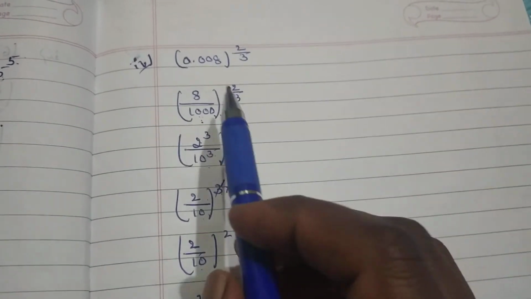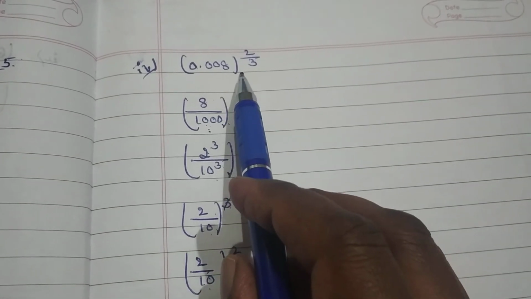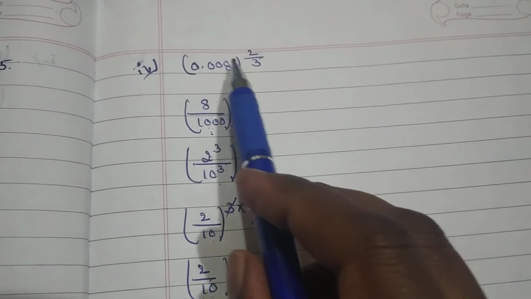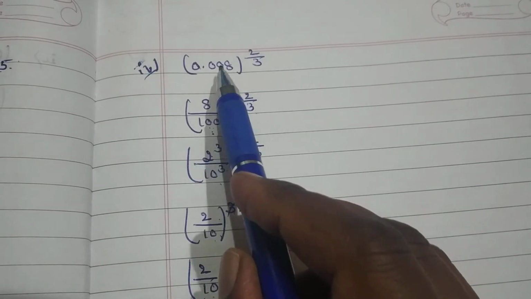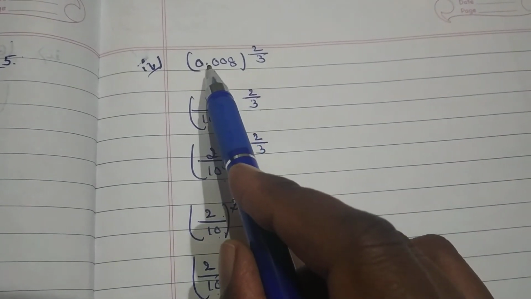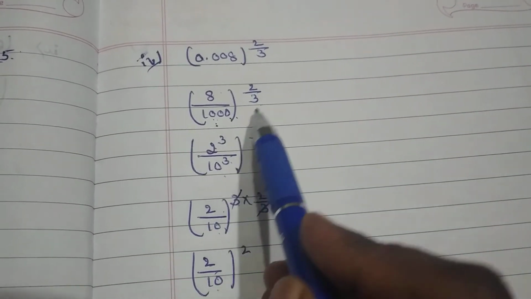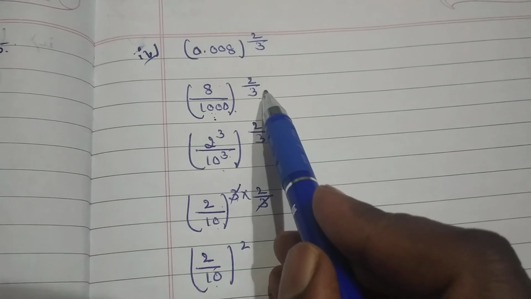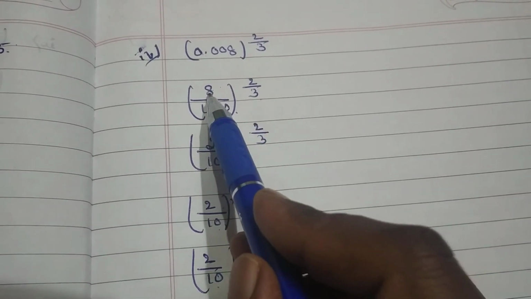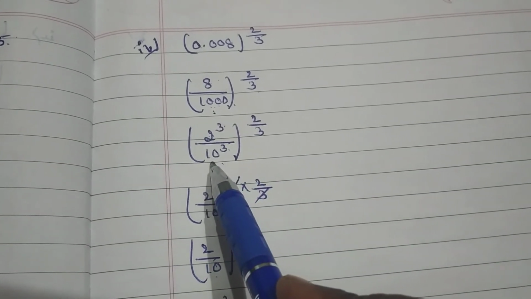Moving to the fourth question, 0.008 whole to the power of 2 by 3. So here the decimal is converted into rational number 8 divided by 1000, because after the point we have 3 digits, so 1 followed by 3 zeros. Looking into the index, we have 3 here, that is 8 is a perfect cube of 2 and 1000 is a perfect cube of 10.